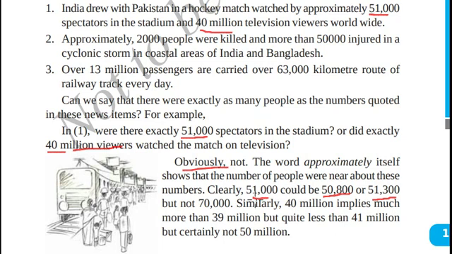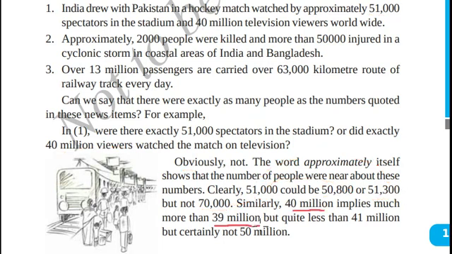But we are not approximating to 70,000 because the difference is too large. 50,800 is nearer to 51,000 and 51,300 is nearer to 51,000, but not 70,000, because we have almost 19,000 difference. But in these two cases we have a difference of about 200 and 300.